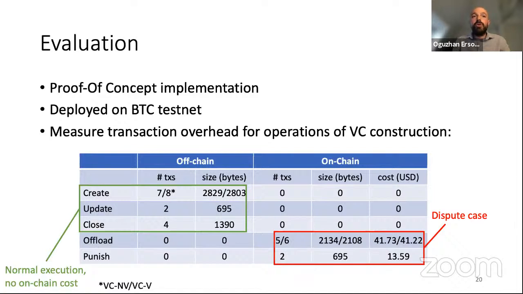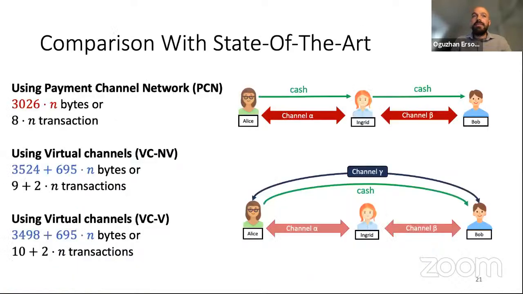But one thing also to notice is that here the update of the channel requires only two transactions. And if we compare our system with the state-of-the-art implementation of the Lightning Network, here we can see that for the Lightning Network, each payment requires 8 transactions between parties.